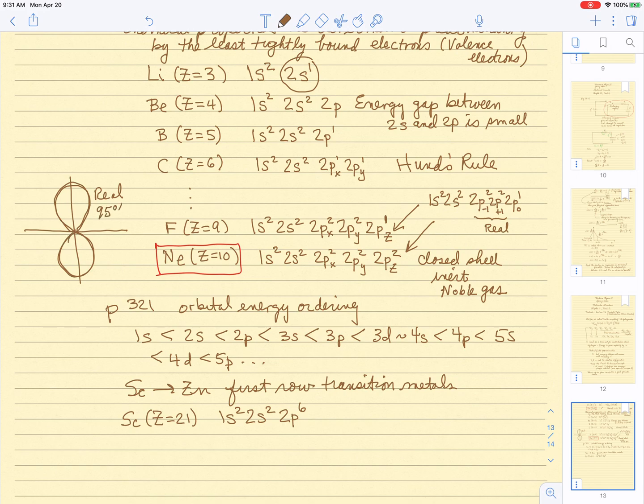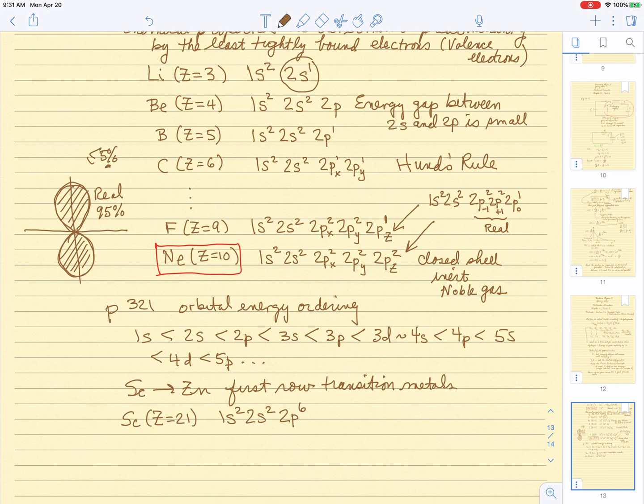These are typically drawn at a 95% contour, which means there's a 95% chance of finding the electron bound by that p orbital. Might the electron be out here somewhere? Absolutely, but it's going to be less than or equal to 5%. So those orbitals are real, and they represent 95% of the probability of finding the electron within that space.